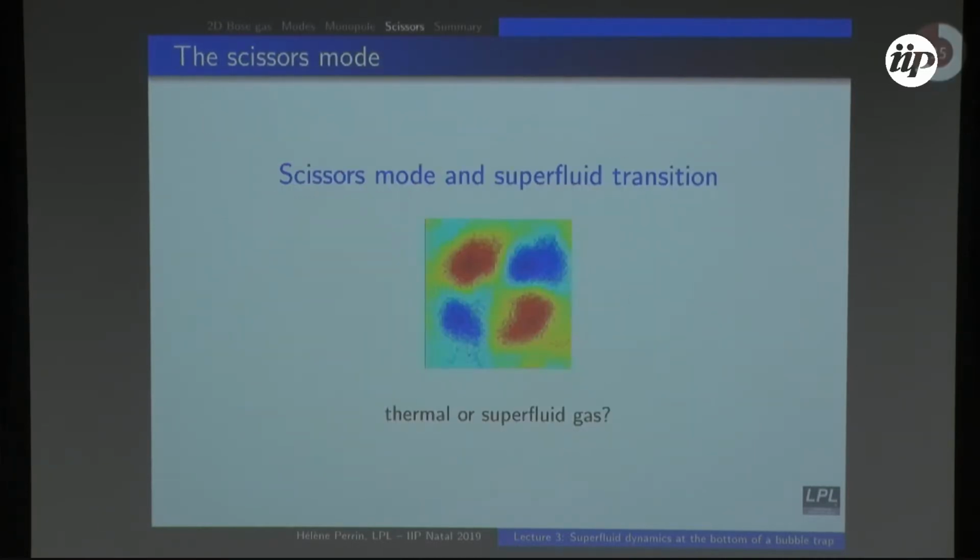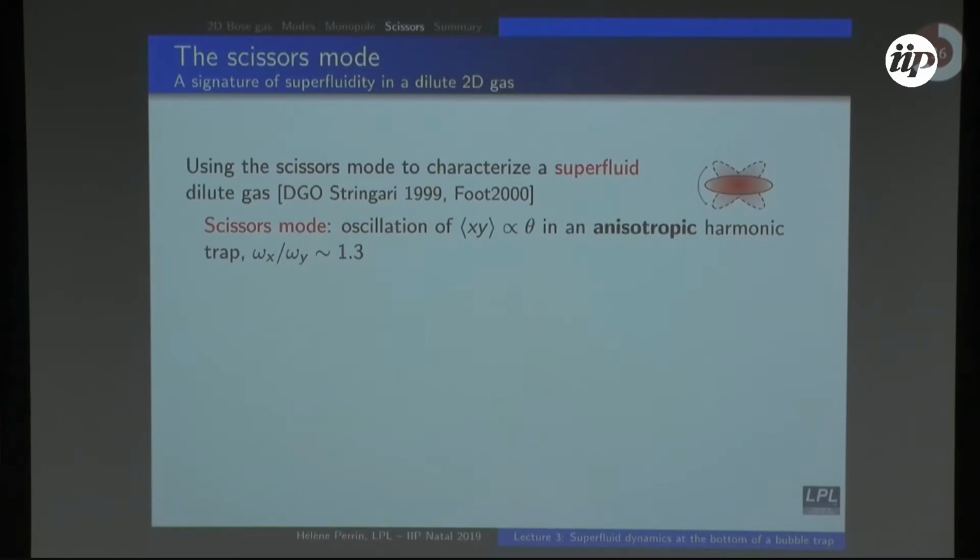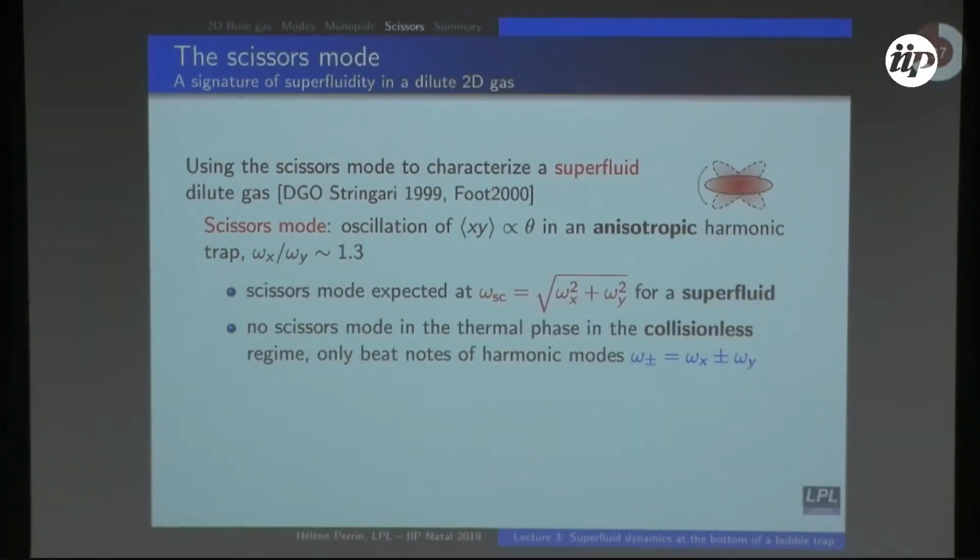So this brings me to the second mode I wanted to present, the scissors mode, and the way we use it to probe superfluidity. I remind you that the scissors oscillation corresponds to the oscillation of the xy moment, which for small values of the angle is proportional to the angle, but the true parameter which oscillates with the real mode is this one. So we probe it in an anisotropic harmonic trap, and if the gas is superfluid, we expect an oscillation at the square root of omega x squared plus omega y squared.